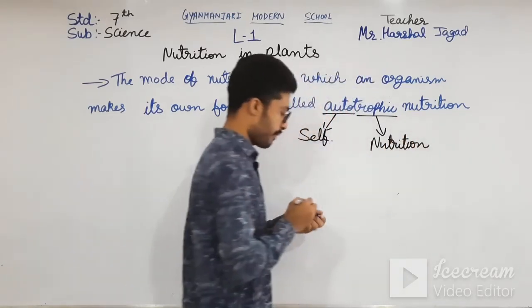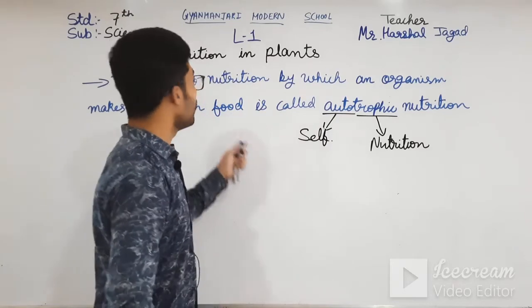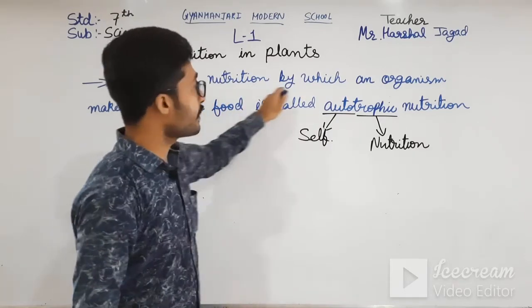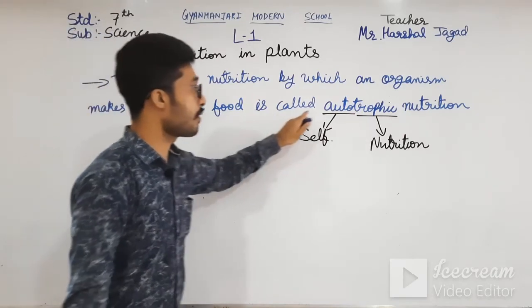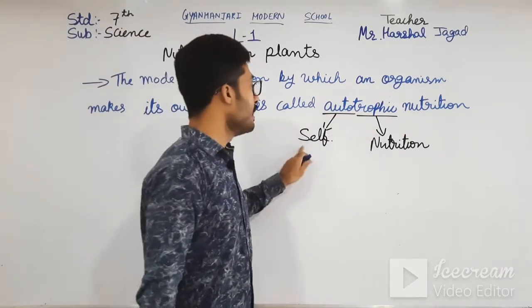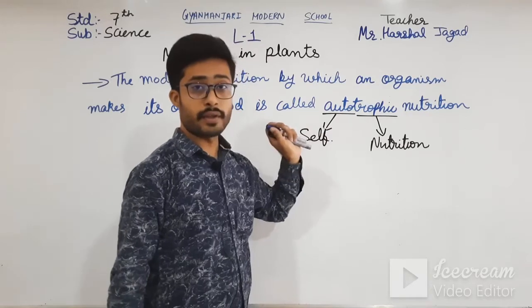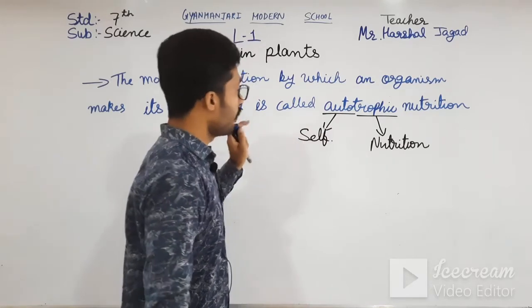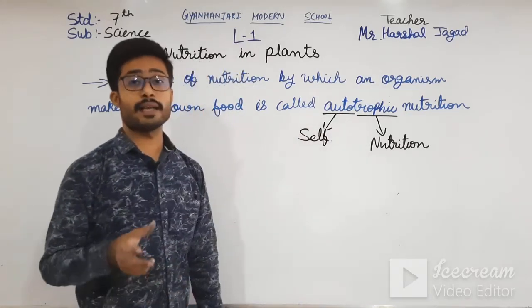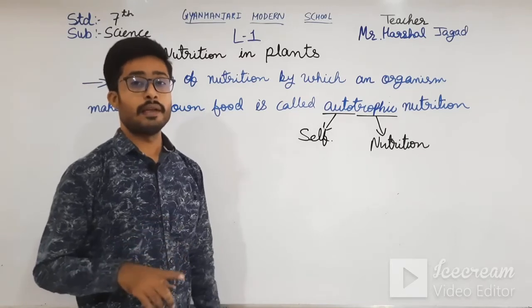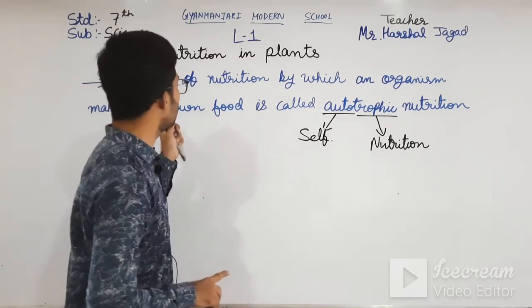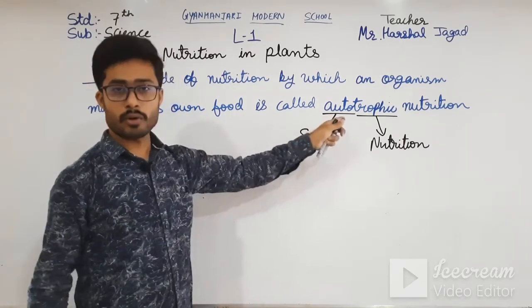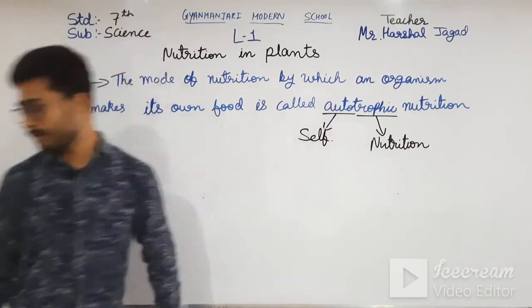This is autotrophic nutrition, meaning the mode of nutrition by which an organism makes its own food is called autotrophic nutrition, meaning self nutrition. Okay students, so green plants make their food by their own. This process is known as the photosynthesis process, and the mode of nutrition is known as autotrophic nutrition. Let us discuss further.